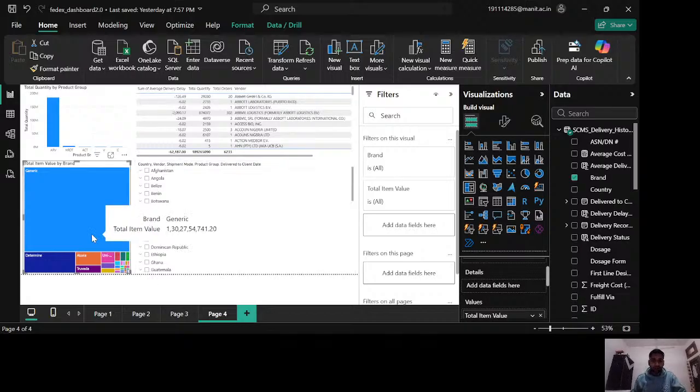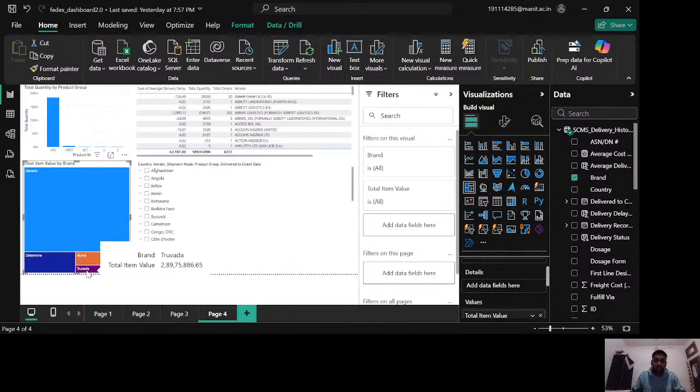So from here we can conclude that we should focus on our generic brands, then on the Determine brand, then Alluvia, then Truveda.